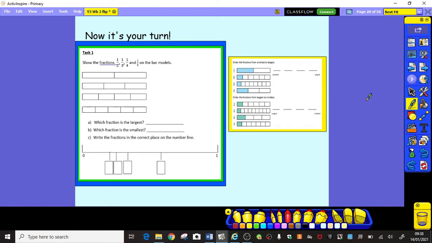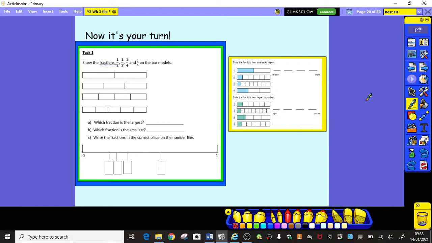So here you are, your tasks. 3 tasks today. The first one, the core and the extension are starting with the same task, showing fractions on the bar models, and then it asks you which fraction is the largest, which fraction is the smallest, and then asking you to put them in the correct place on the number line.